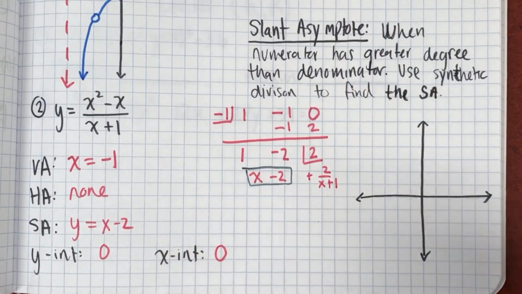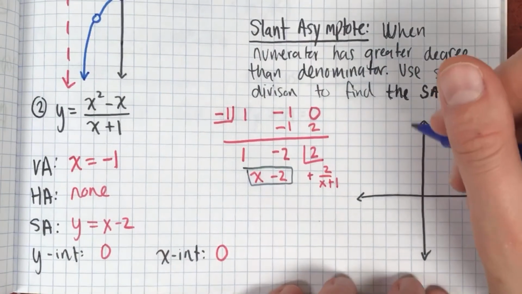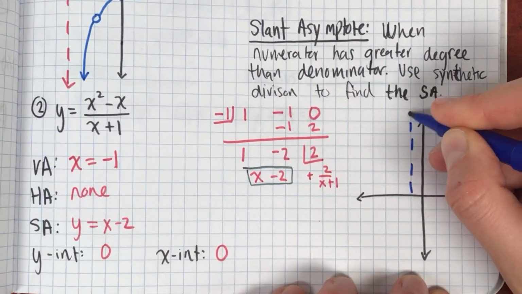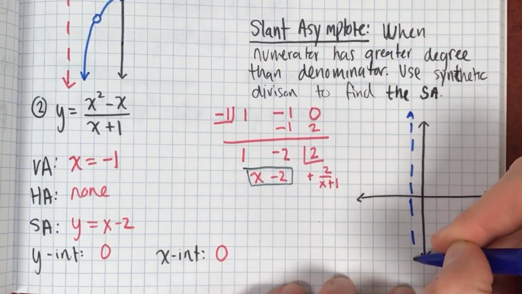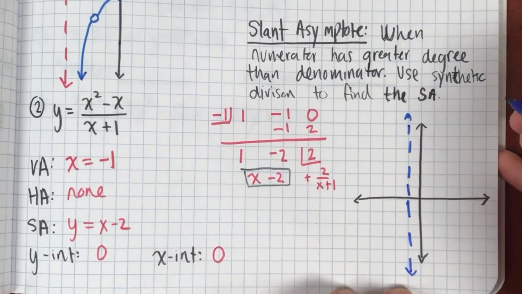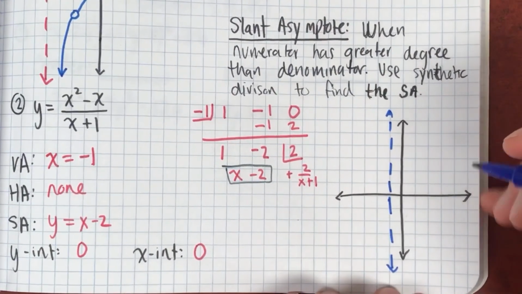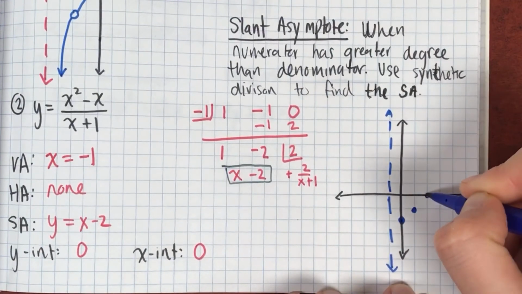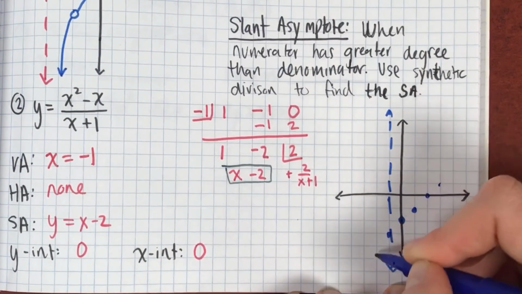All right, so let's graph this. We've got a vertical asymptote at x equals negative 1. And my slant asymptote is y equals x minus 2. So I'm going to go down here at negative 2, and then I just go up 1 over 1.